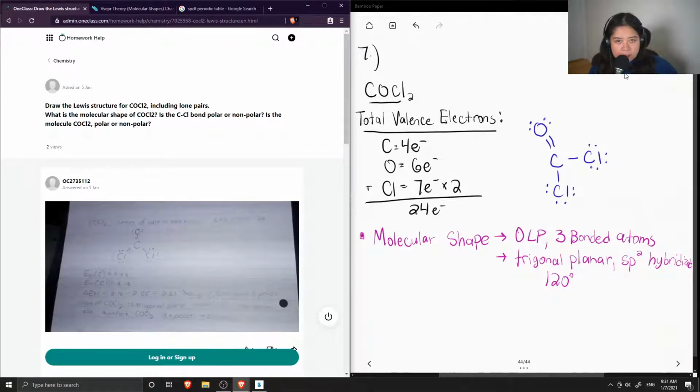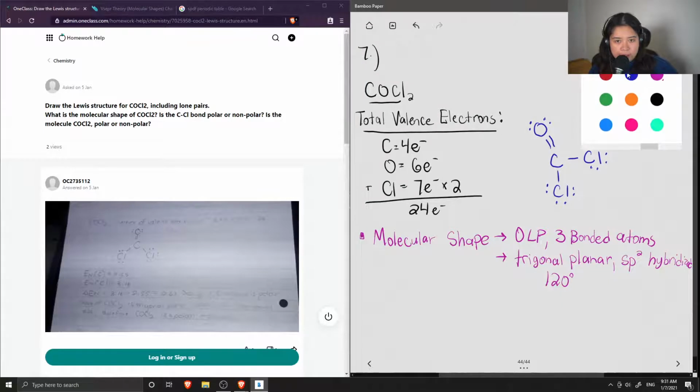And the last, or the third part of the question asks if the carbon-chlorine bond is polar or nonpolar.